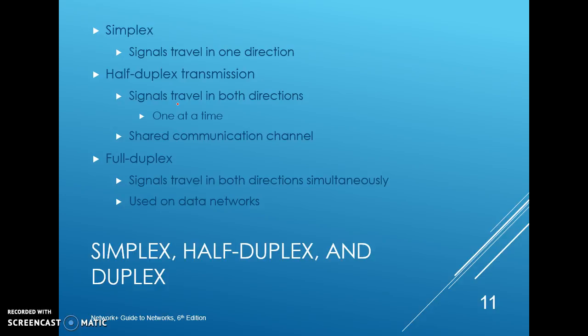Only one of us can communicate at a time. If one of us presses the send button, then we're going to cut the other guy off. And then there's a phone call. A phone call is full duplex. We can both be having a conversation at the exact same time. That is full duplex communication. And that's the big difference between all of them.